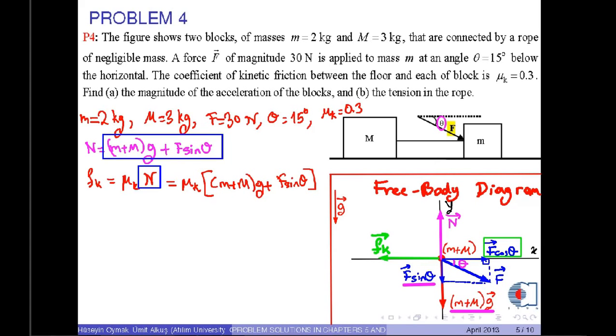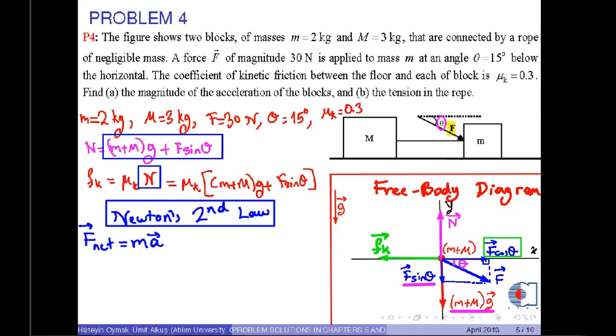Well, it is time to find the acceleration of the blocks. We consult Newton's second law, which is F net equals mass times acceleration vector. In our case, the motion is only in the x-axis. Therefore, the net force is F times cosine theta minus small f k, which is equal to total mass, that is small m plus capital M, times acceleration a.